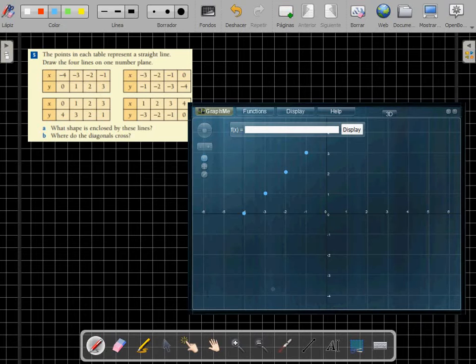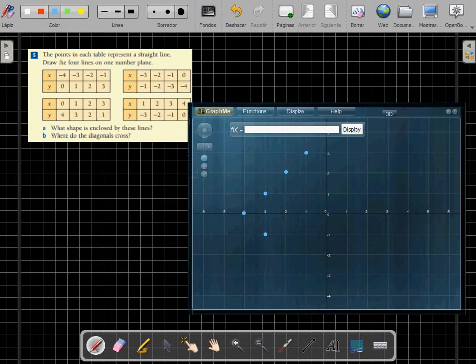Now let's go on with the numbers from the other table. We have the first one, -3 in x, -1 in y. So let's try to locate -3 in x. It's right here, and from here we're going to move down, and there it is, -3 in x, -1 in y.